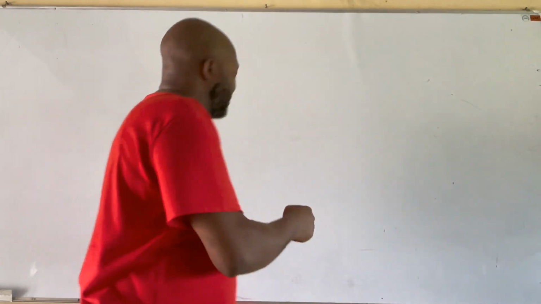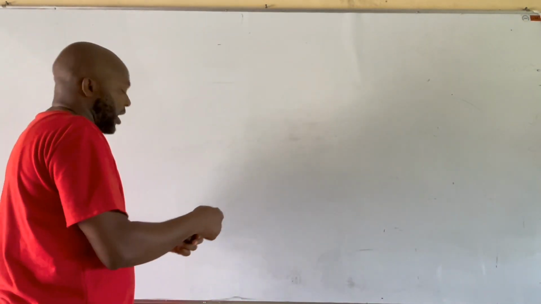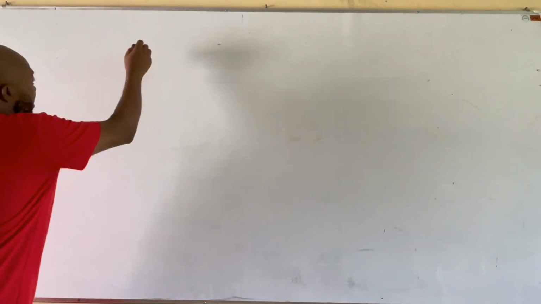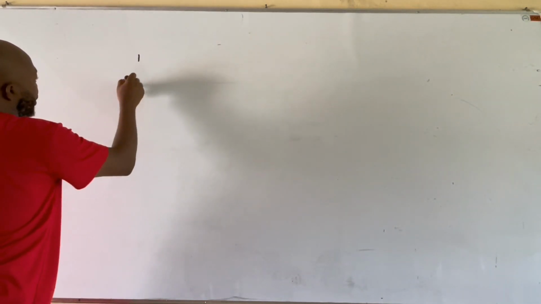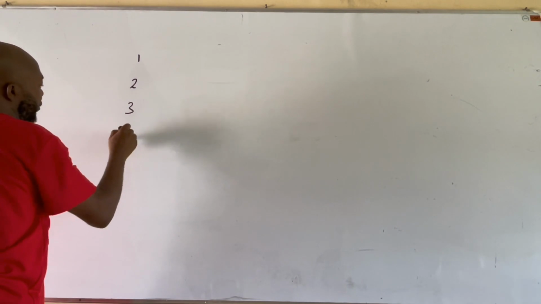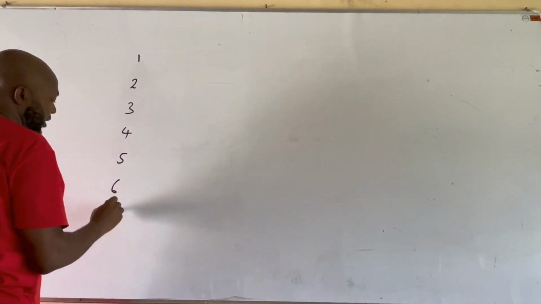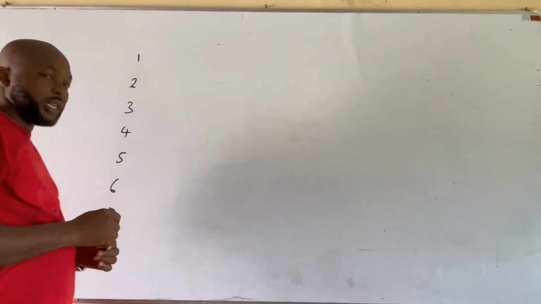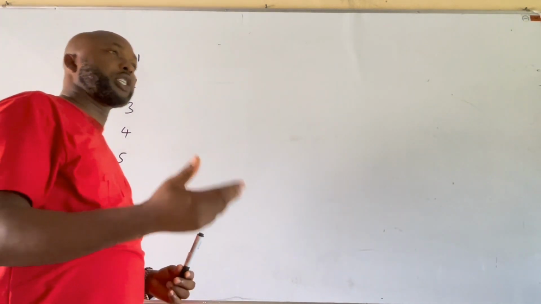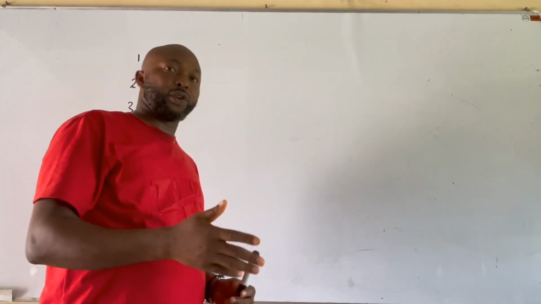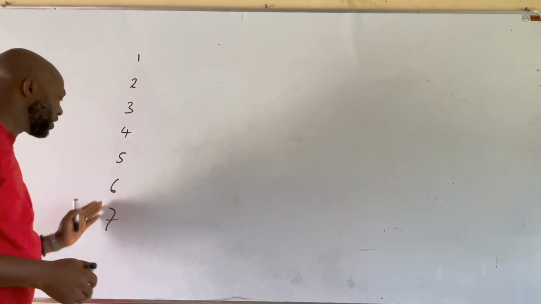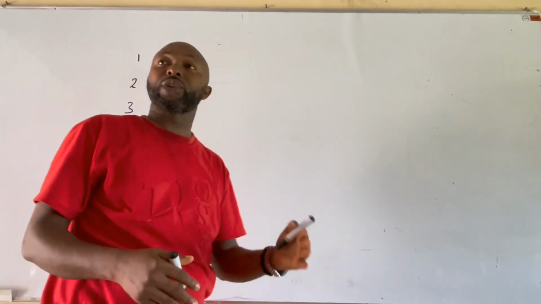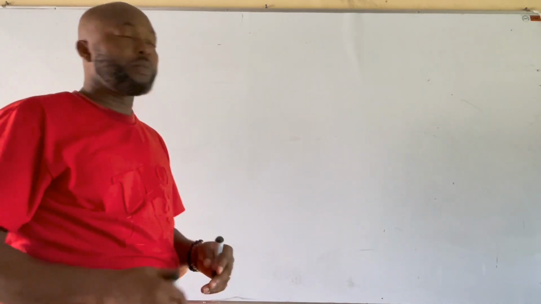So let's see, let me put it this way: 1, 2, 3, 4, 5, 6, 7. This covers the 7 periods in the periodic table. You know, we have 8 groups and 7 periods. For us to have covered up to 7, you should know that all the elements in the periodic table will be covered.